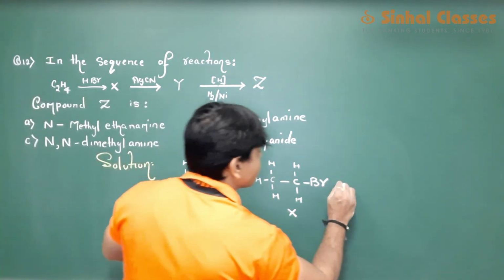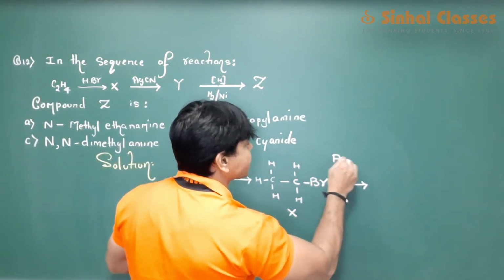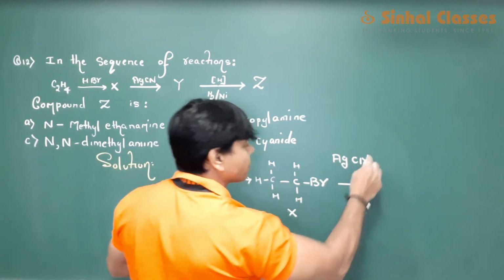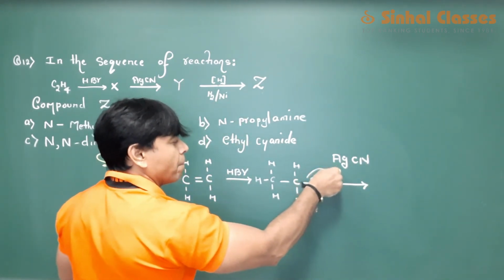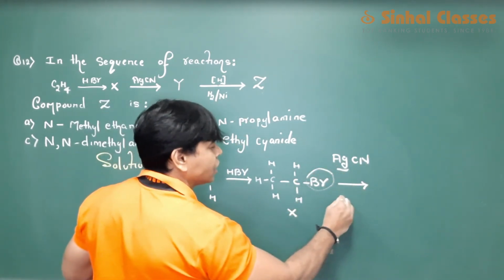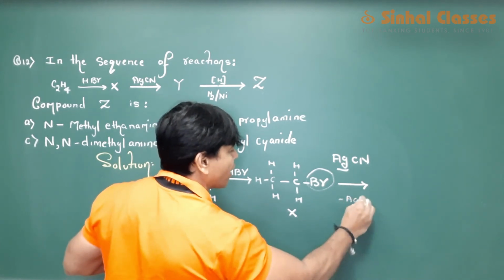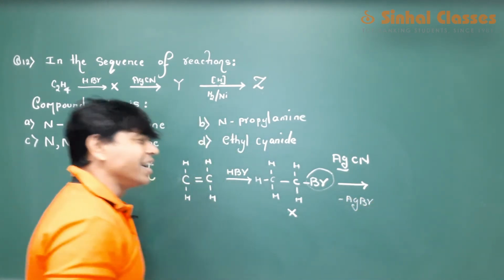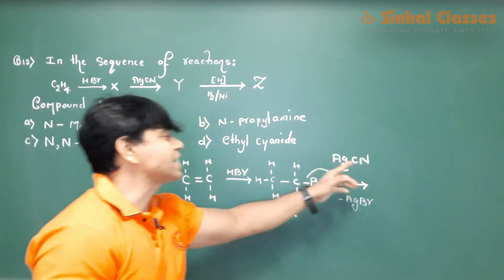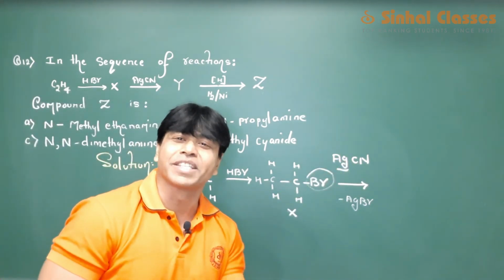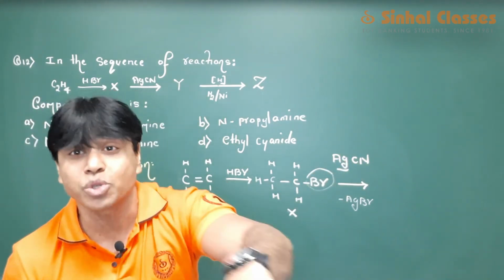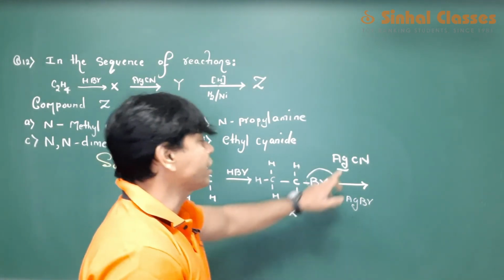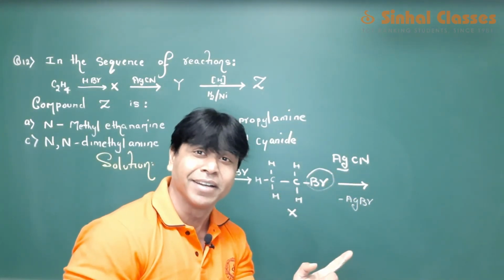Now this is further treated with silver cyanide. So Br will go with Ag, and AgBr, silver bromide, goes out. And you will not get cyanide. With silver cyanide you get isocyanide. With potassium cyanide you get cyanide.